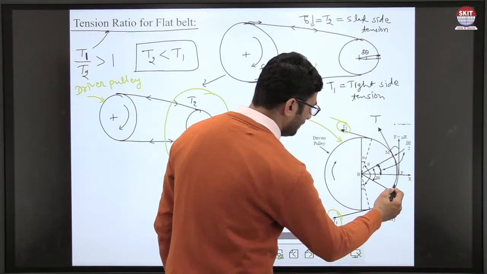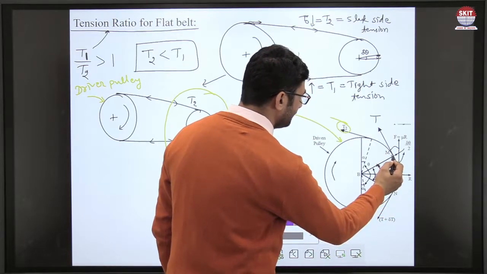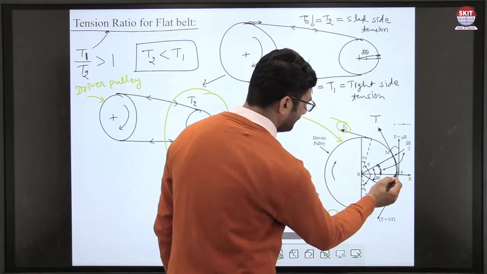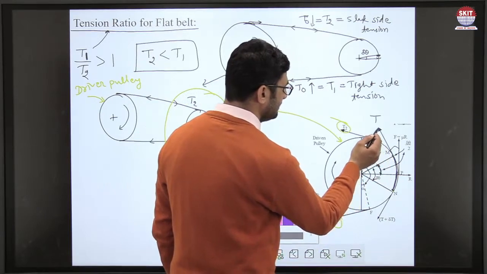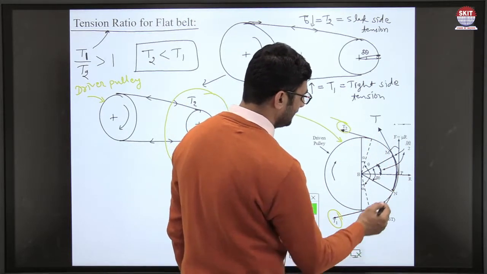Here we only find the force which is acting on the Mn portion. So there are two tensions. One tension is T and another tension is T plus delta T.